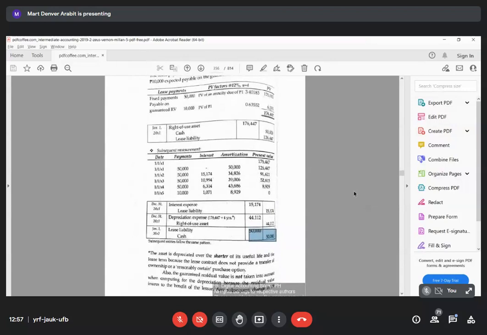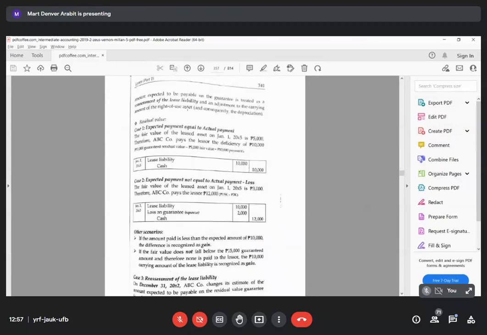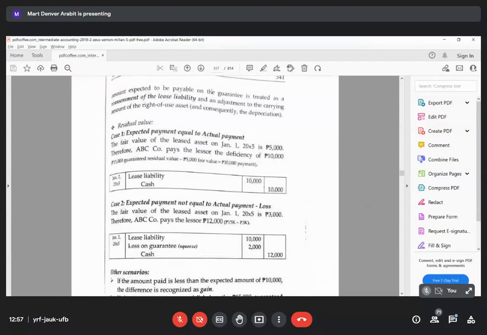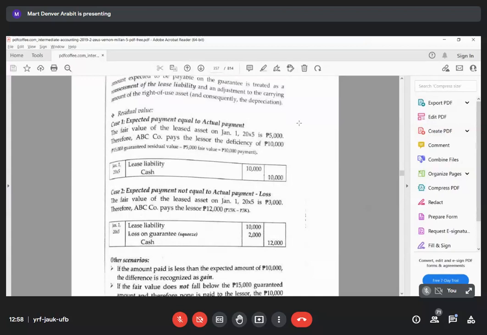Any subsequent changes in the amount expected to be payable on the guarantee is treated as a reassessment of the lease liability and an adjustment to the carrying amount of the ROU. So, consequently, to depreciation. So, for residual value, example number one, expected payment is equal to the actual payment.